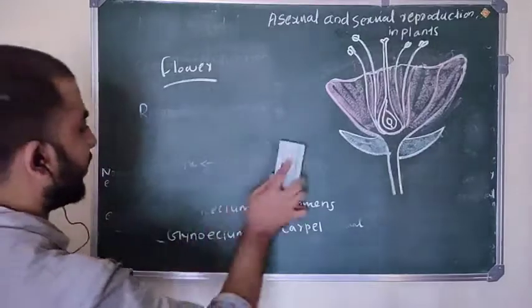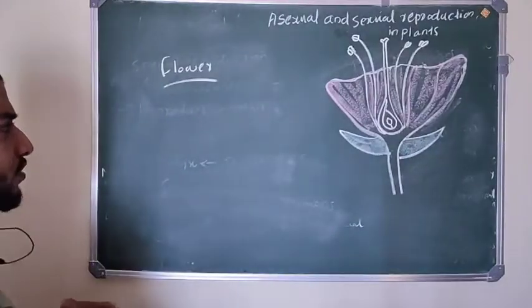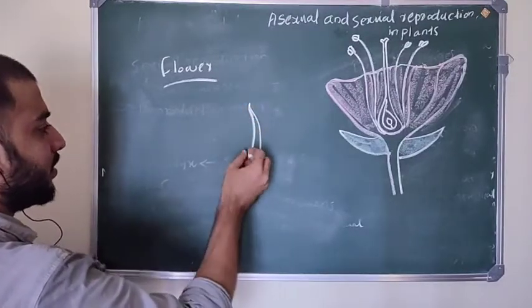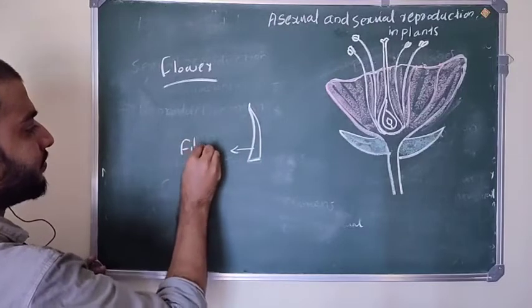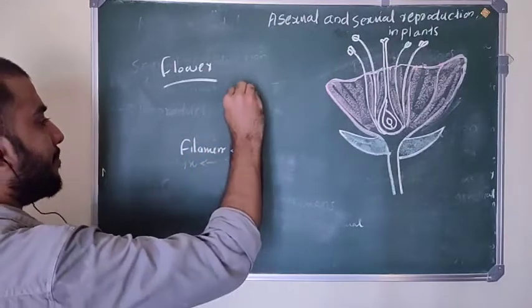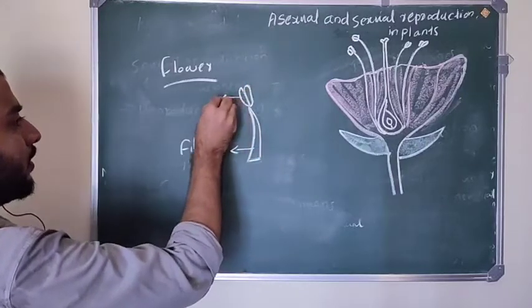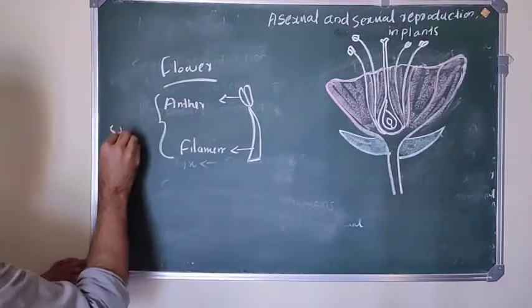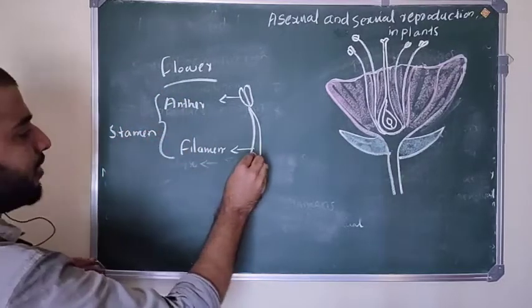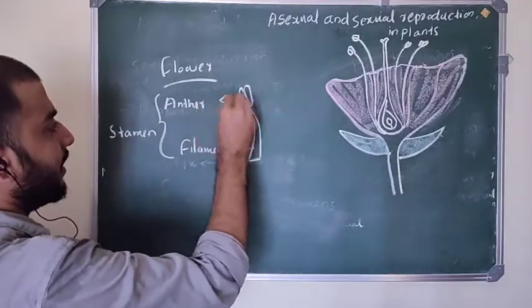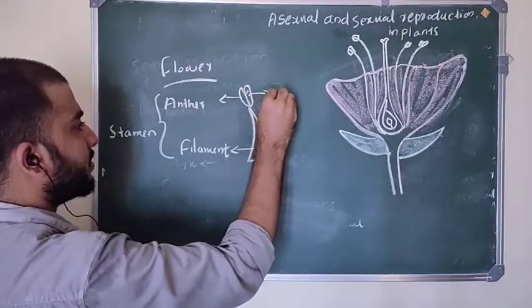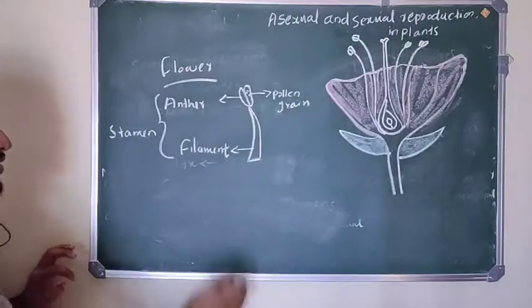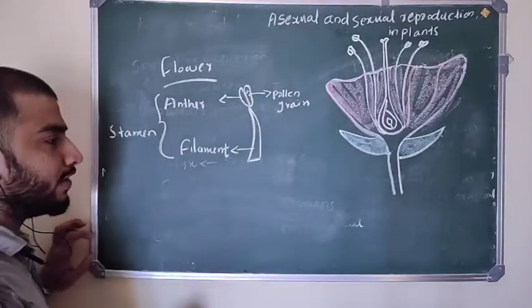What is the structure of a stamen? A stamen has a stalk-like structure called the filament, and a bag-like structure called the anther. The filament is attached to the anther. Inside the anther, pollen grains are present. Stamens form the androecium, the male part of the flower.